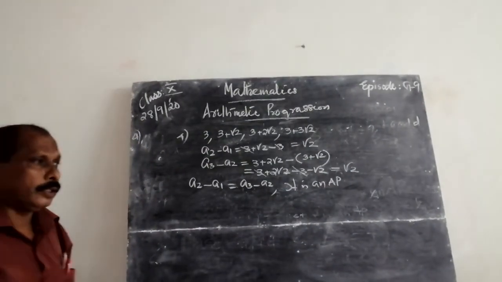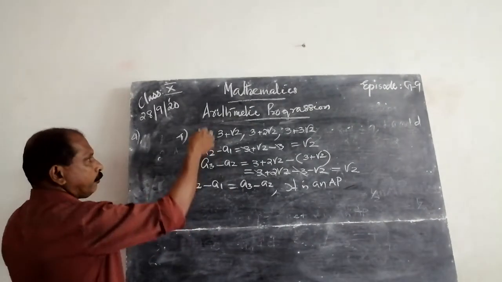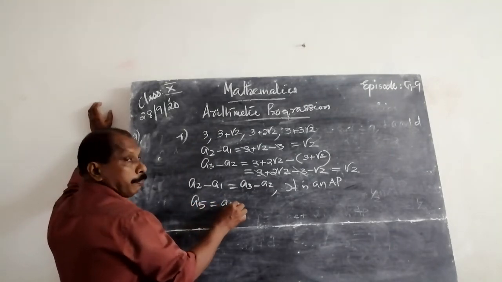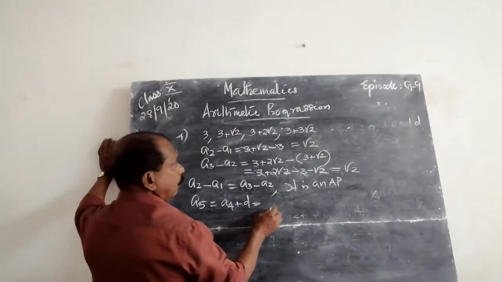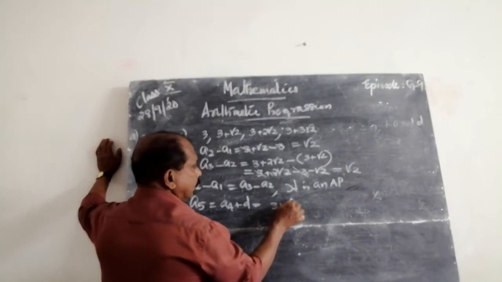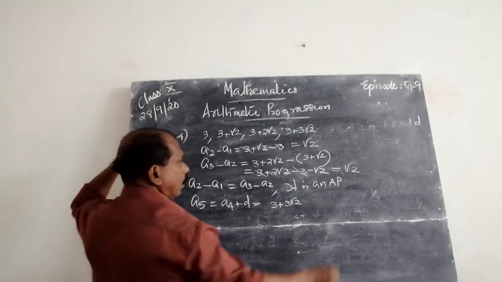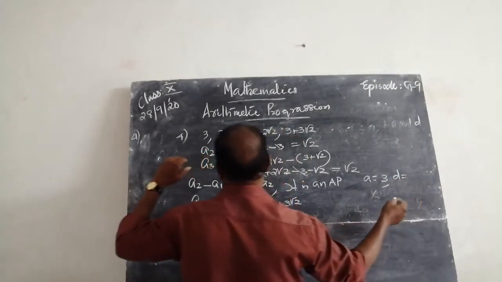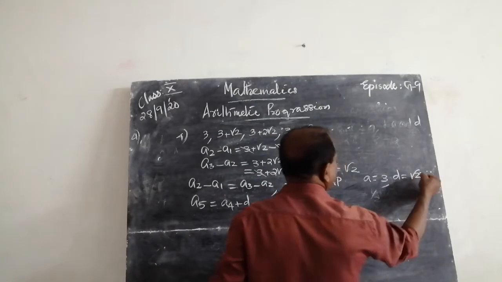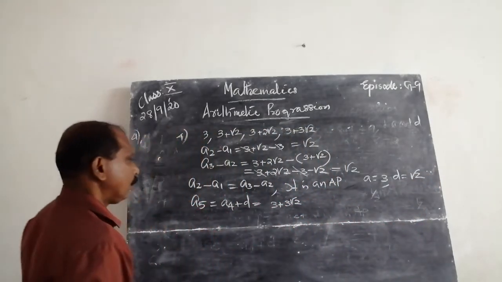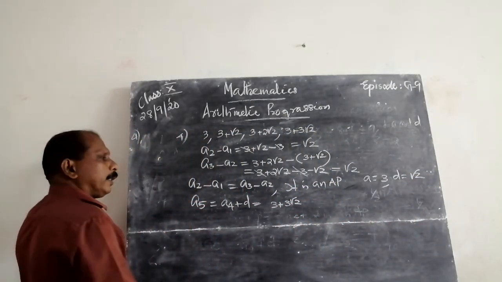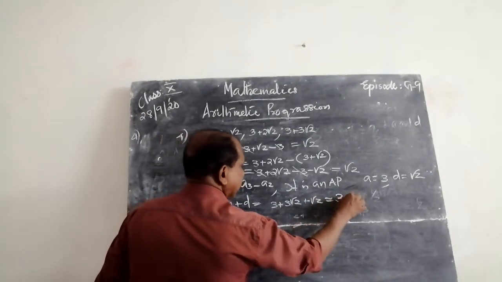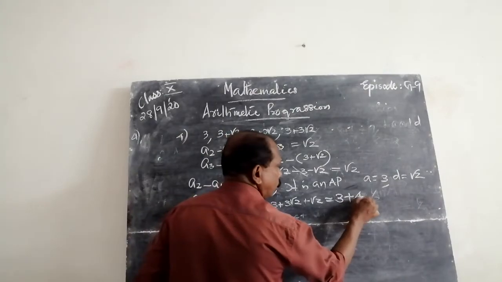Then we can find out the next three terms. Therefore, 4 terms are given. Then A5 is equal to A4 plus B, A4 is 3 plus 3 root 2. A is equal to 3. B is equal to root 2. Plus root 2. That is equal to 3 plus 4 root 2.